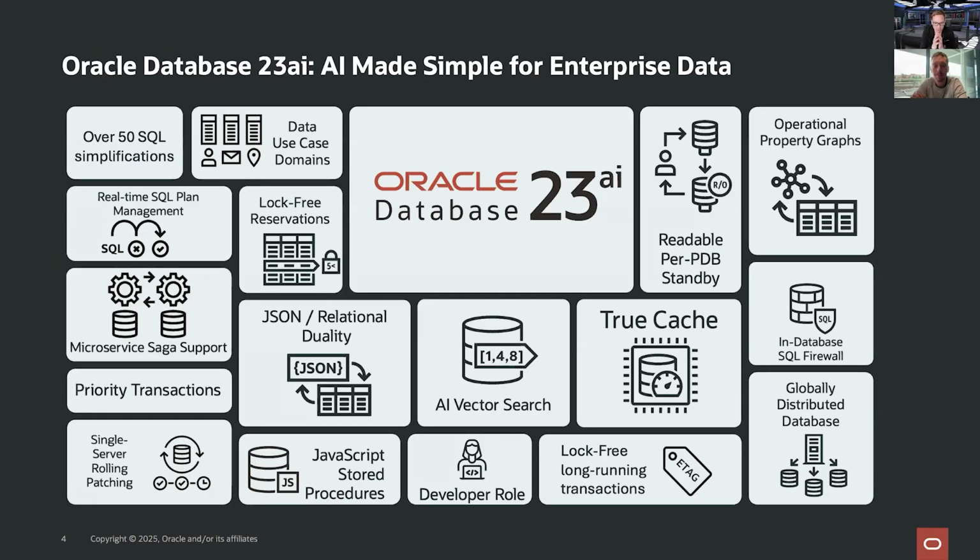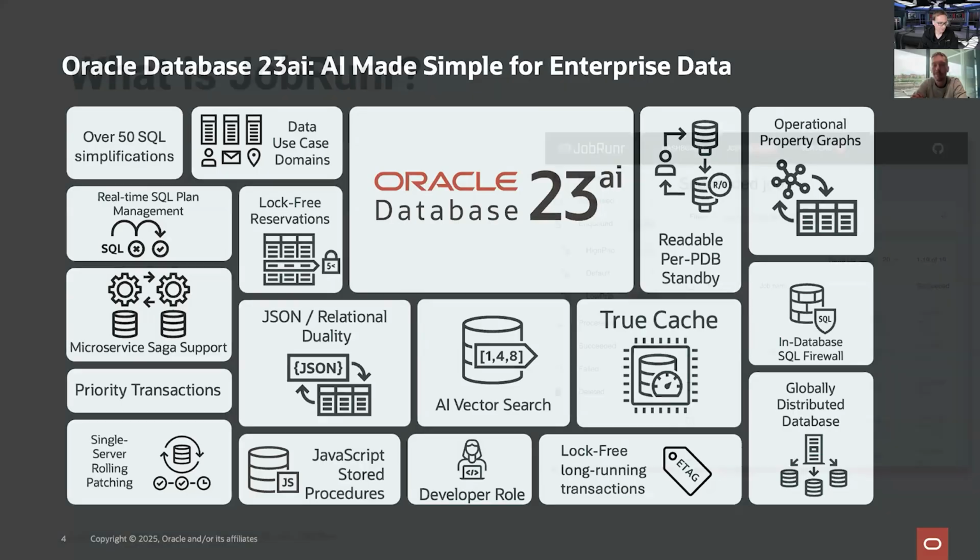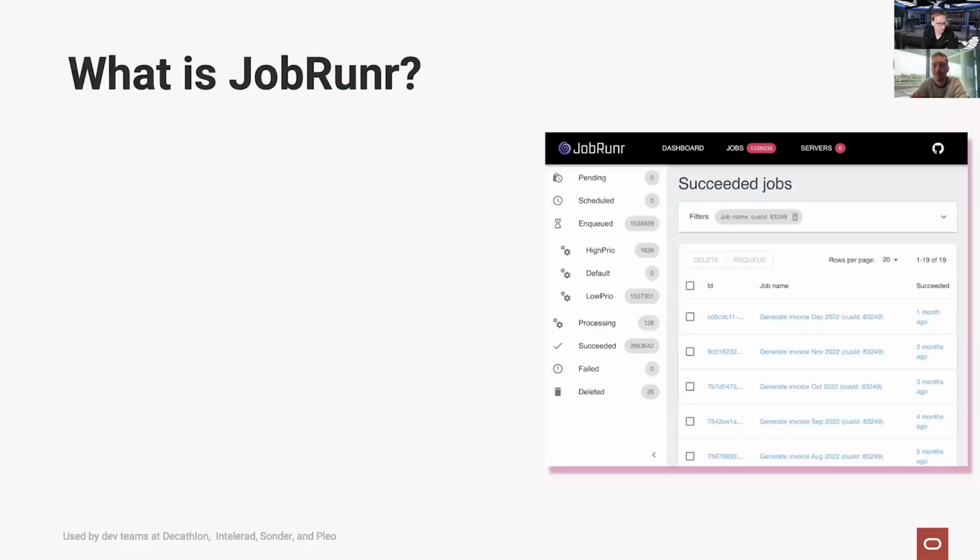Amongst all of those, what we're going to do today is AI vector search, because there are some great synergies between AI vector search in the database and how you can make use of Jobrunner to get this done. And having said that, I'm now going to give it over to Ronald, if you would like to run us through that slide.